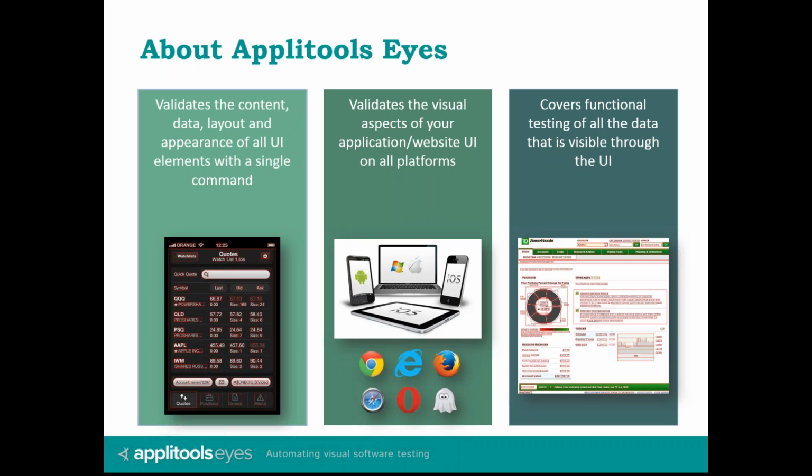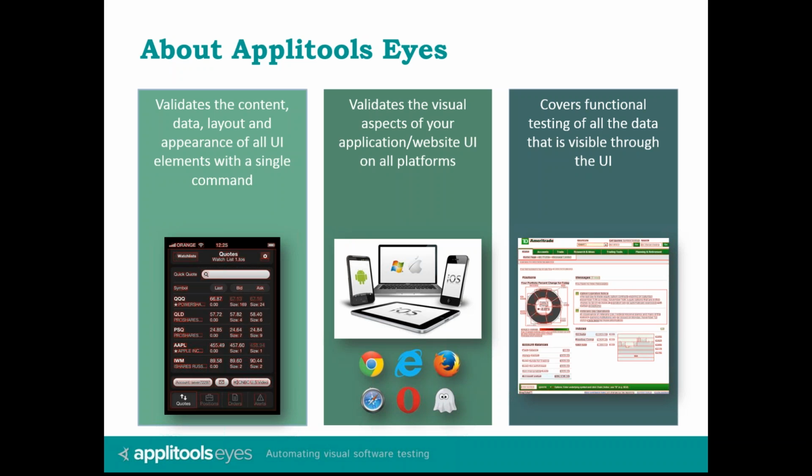It does that for all your screens, for all the UI elements in them, and in all the different execution environments that should be supported. There are several features in the product that allow you to easily maintain those visual tests across all these different screen resolutions, operating systems, devices and browsers, as I will show you in the demo soon.